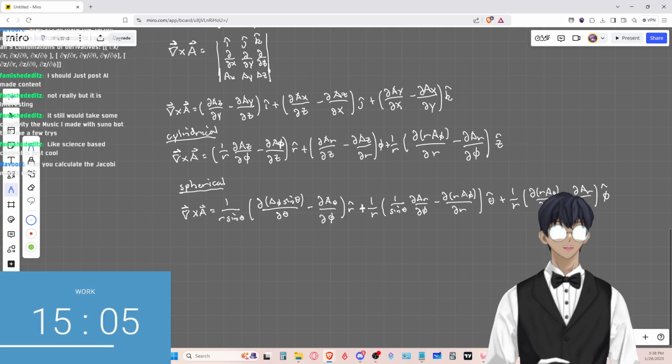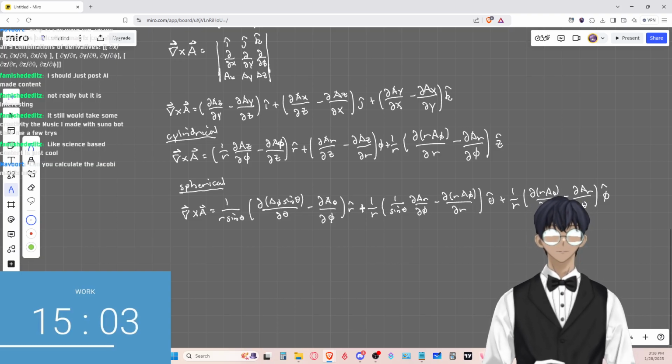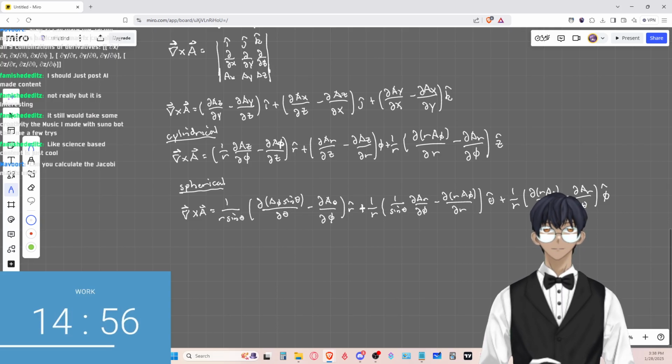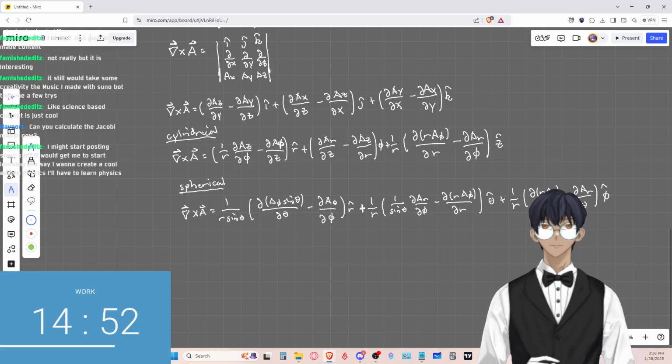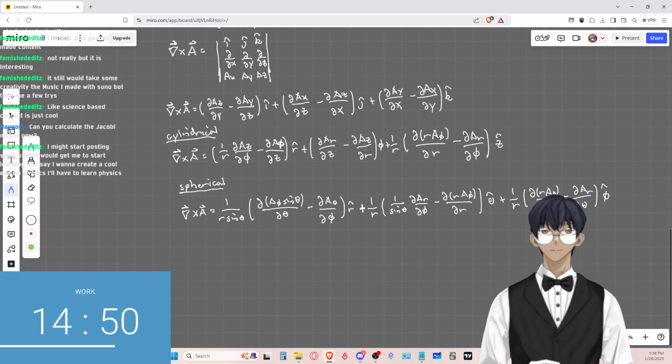Oh yeah, I remember, I think in divergence there's also a simile, something to visualize it with, a way to visualize negative divergence and positive divergence.